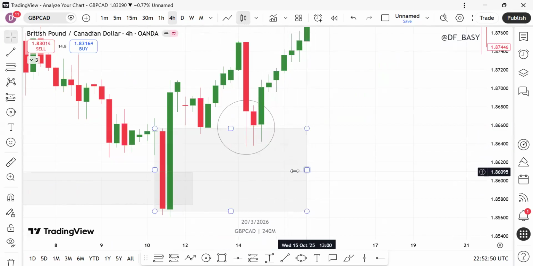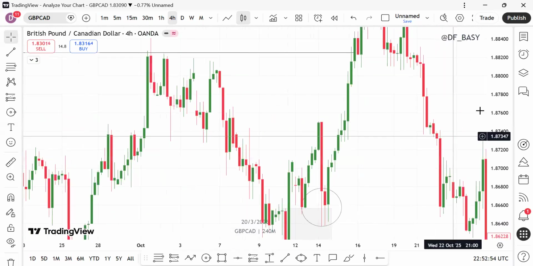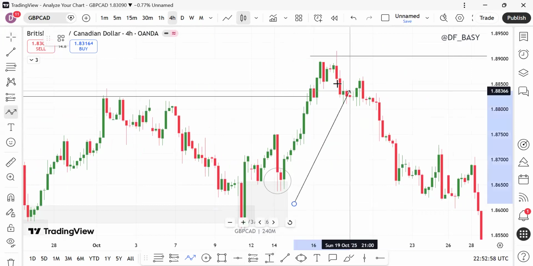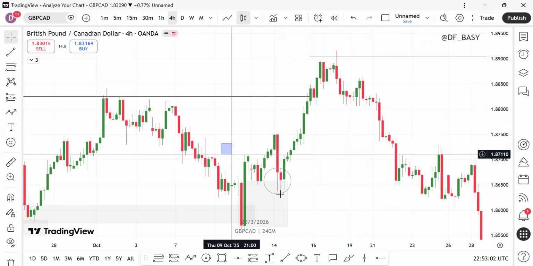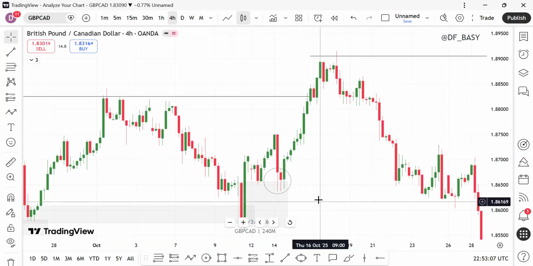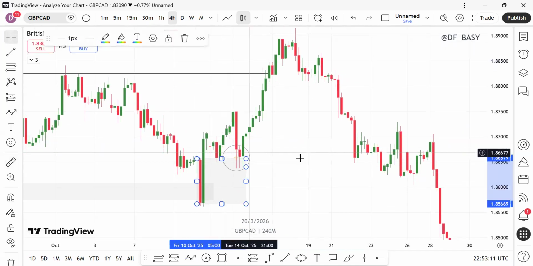So it's already mitigated. And once it mitigated, what happened? The market, you have a buy. The market went up from here, came very bullish. So since that has happened, this is an order block, but it's already mitigated, so we won't be marking that one.